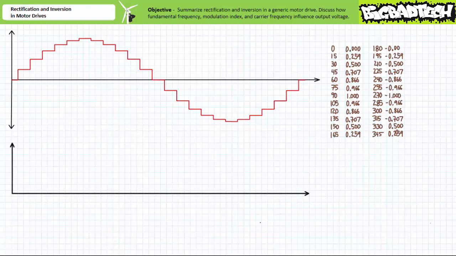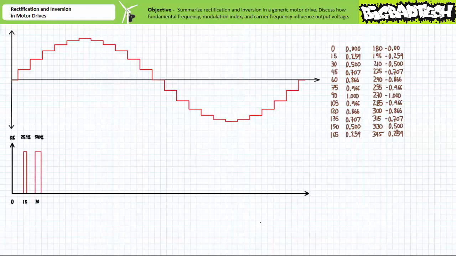PWM accomplishes this segmented approximation of AC by simply varying the duty cycle and polarity during the specified sections. For example, the section centered on 0 degrees simply has no pulse applied, and the average value is 0. The section centered on 15 degrees has an extremely brief pulse of full voltage applied, such that it appears 25.9% of that section.